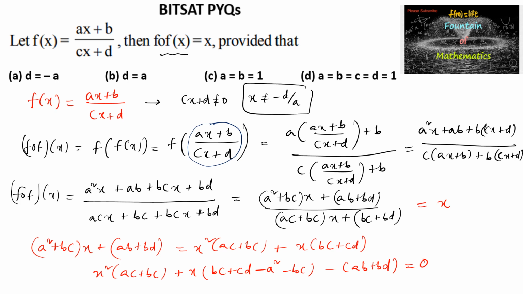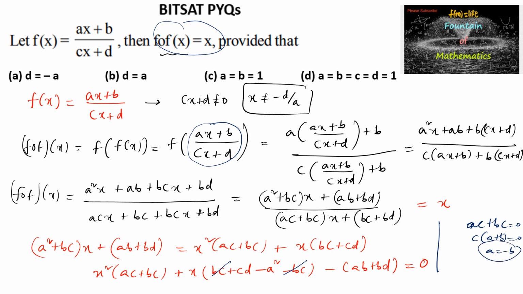So to get this expression equal to 0, or f circle f of x equal to x, we must consider here that bc and bc get cancelled. So the coefficient of x square must be equal to 0, that is ac plus bc is equal to 0, that is c times (a plus b) is equal to 0, so a is equal to negative b.